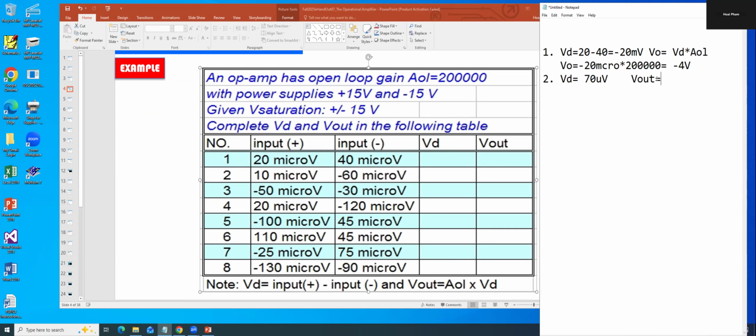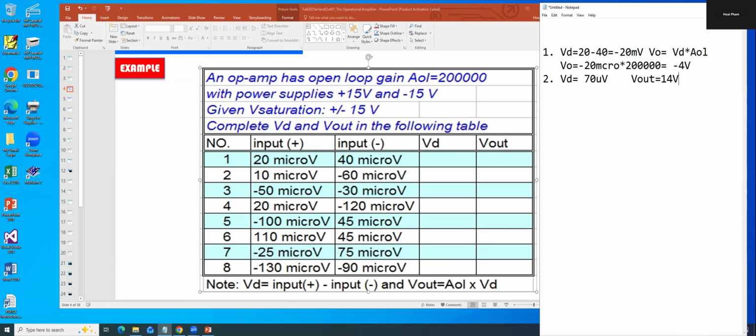Is it 14 for VL? Yeah, I got 14 million microvolts. So that would be, yeah. Never mind.